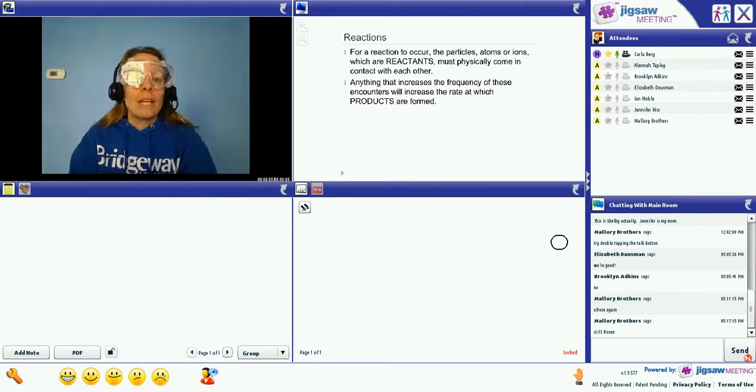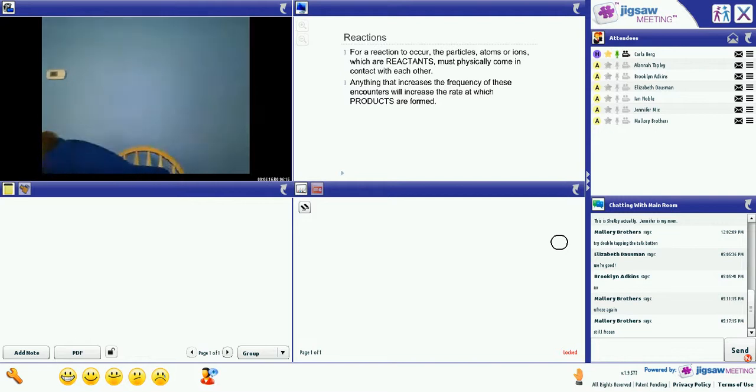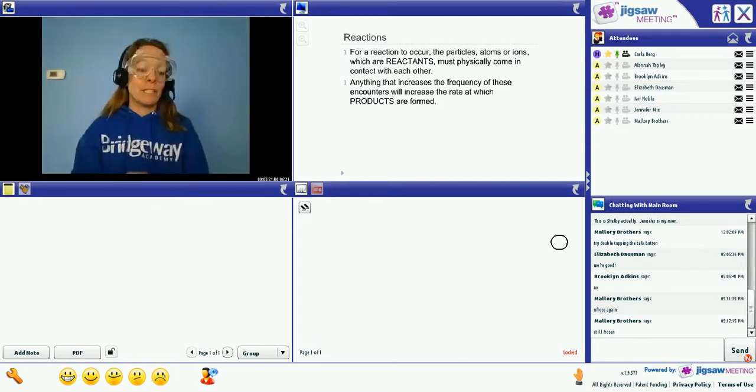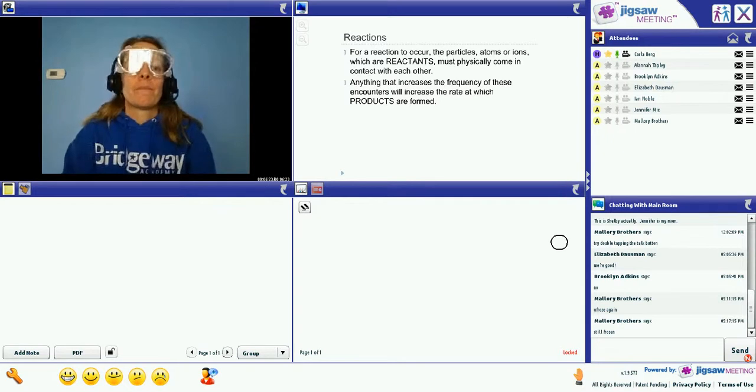Reactants are things that come in contact with each other. For example, our reactants for today are Alka-Seltzer and water.